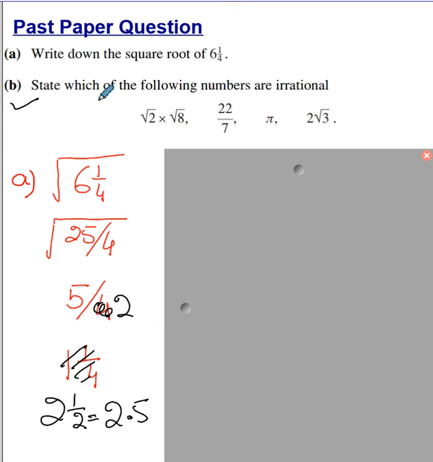State which of the following numerals are irrational. Now, you should know that real numbers are categorized into two categories, rational and irrational. Now, if you know what is irrational, the rest are all rational. So the question is asking which are irrational numbers in this.